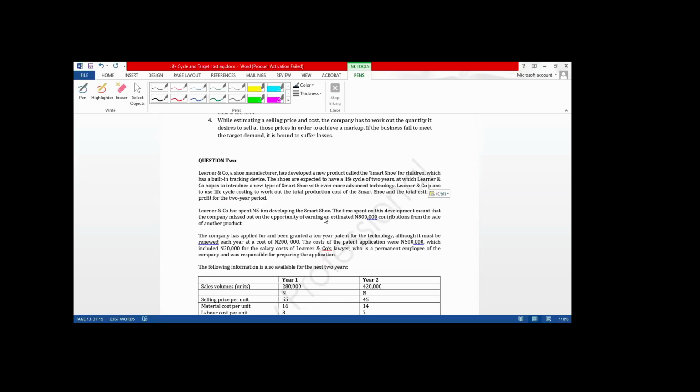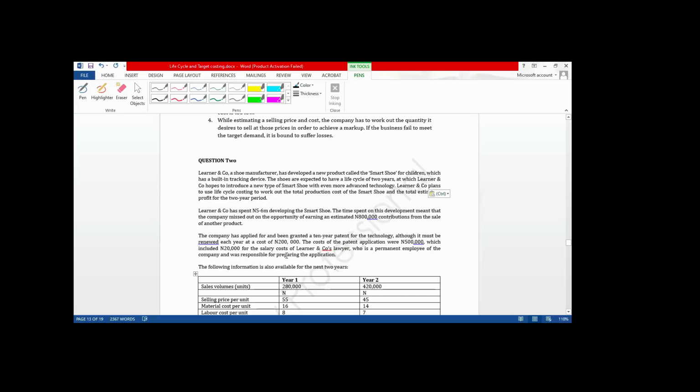That is, due to development of the new product, the company missed out the opportunity to earn 800,000 contribution from the sale of another product.